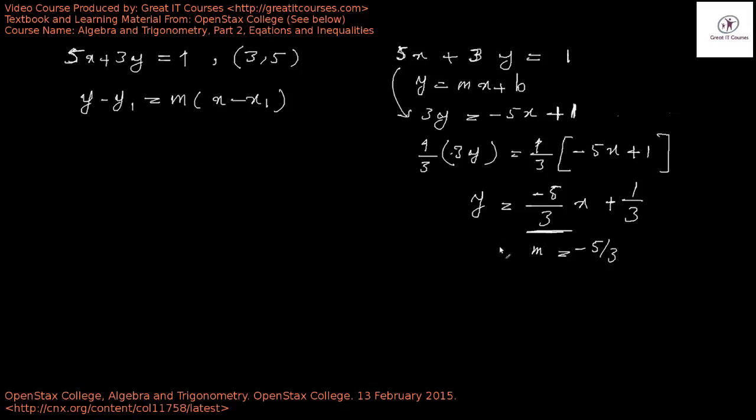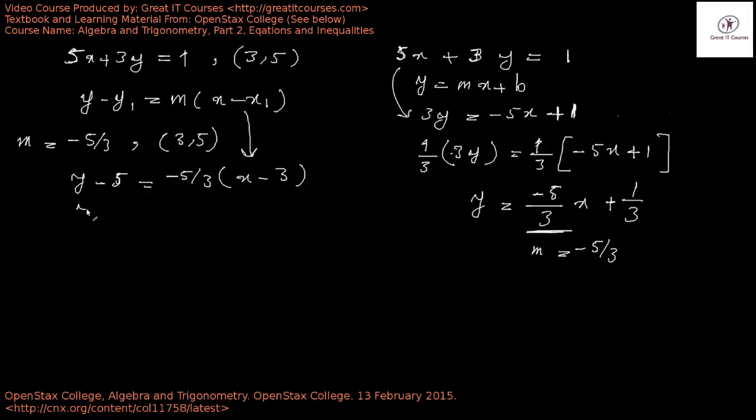And now I can use this m in order to write the equation of the new line. So basically what I know now is m is equal to minus 5 by 3, and the point that the line passes through is 3 comma 5, and then I can simply write my equation. So that is then y minus 5 is equal to minus 5 by 3 into x minus x1, x minus 3.